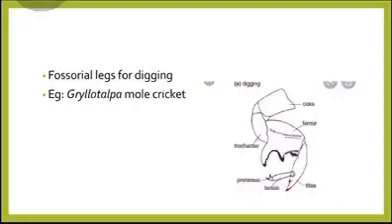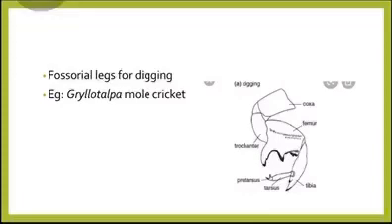Next is the fossorial type of legs, which are used for digging, that is, burrowing insects which live in the soil, and they burrow and make tunnels inside the soil. For example, Gryllotalpa, which you call the mole cricket.